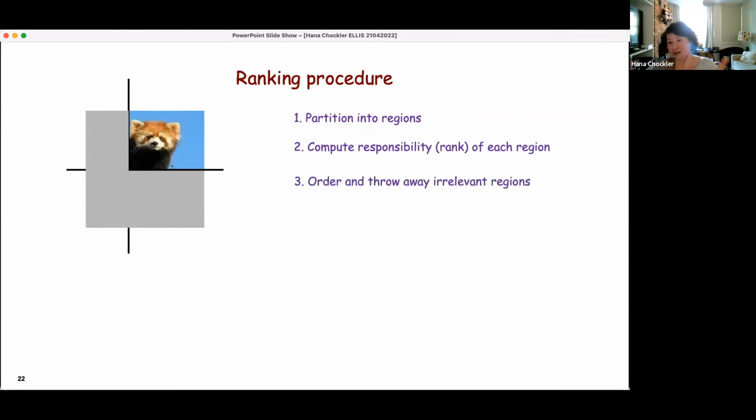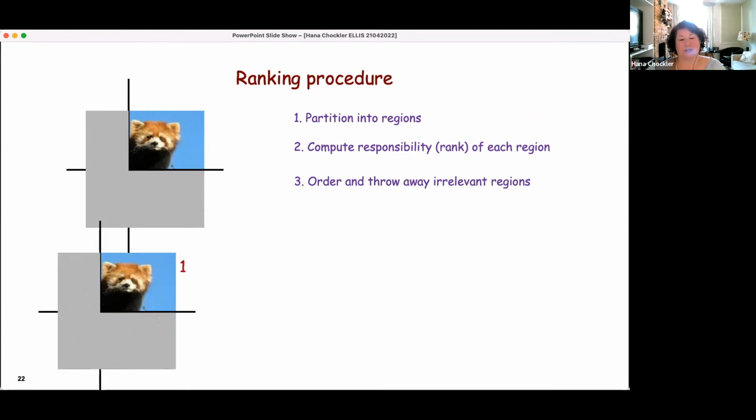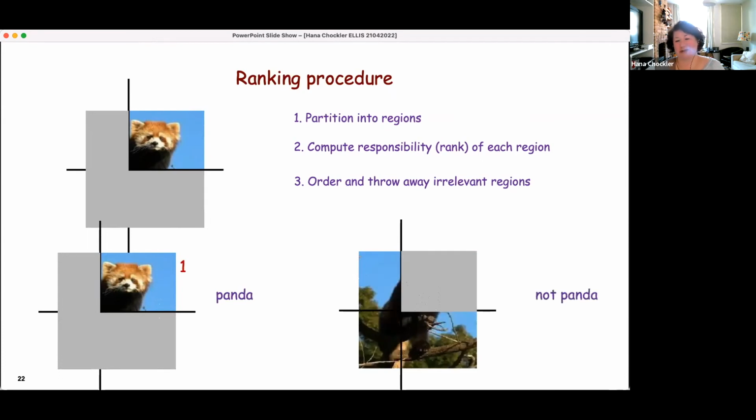So this one, of course, has high responsibility. And then we order according to the responsibility and throw away irrelevant regions. So here in this case, this is panda and this is not panda, right? The rest of the regions, let's assume that this is not panda. Definitely, it can be a bear, or something else. So those regions are thrown away.